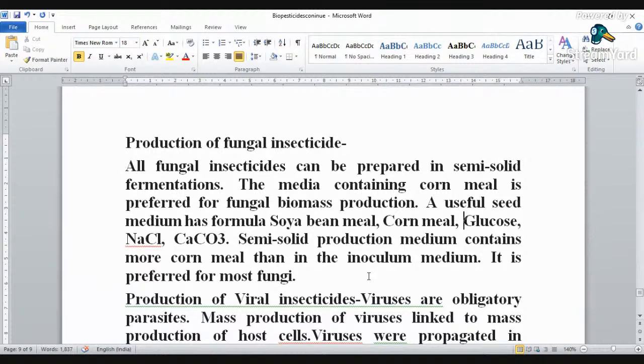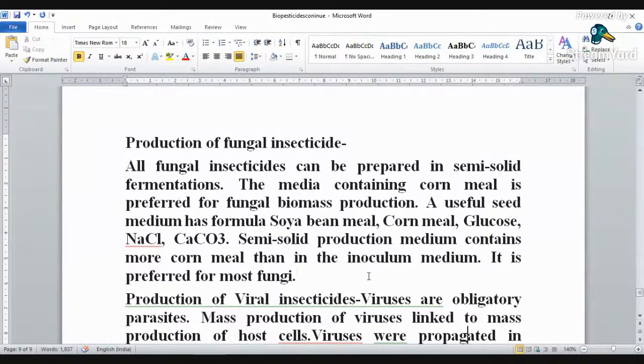The semi-solid production medium contains more corn meal than the inoculum medium, meaning the fermentation medium needs more corn meal as compared to the inoculum production medium. So this medium is preferred for the growth of fungi.